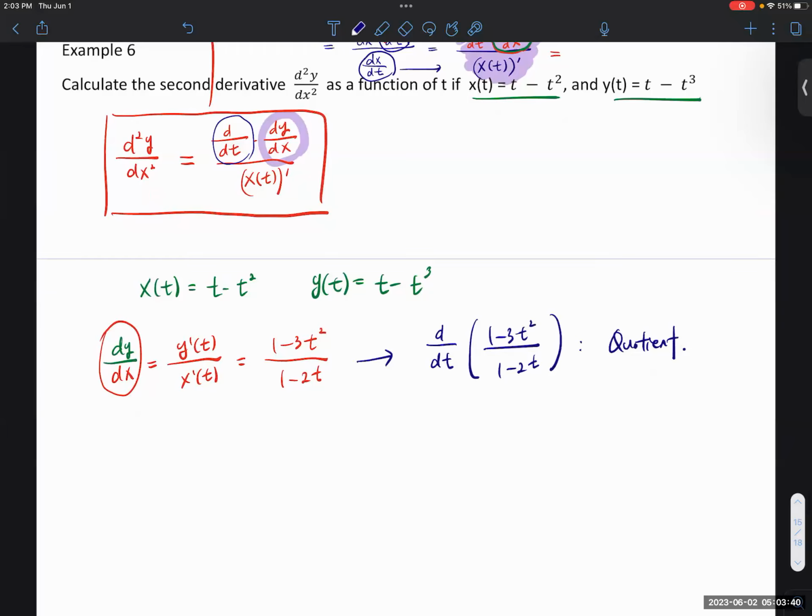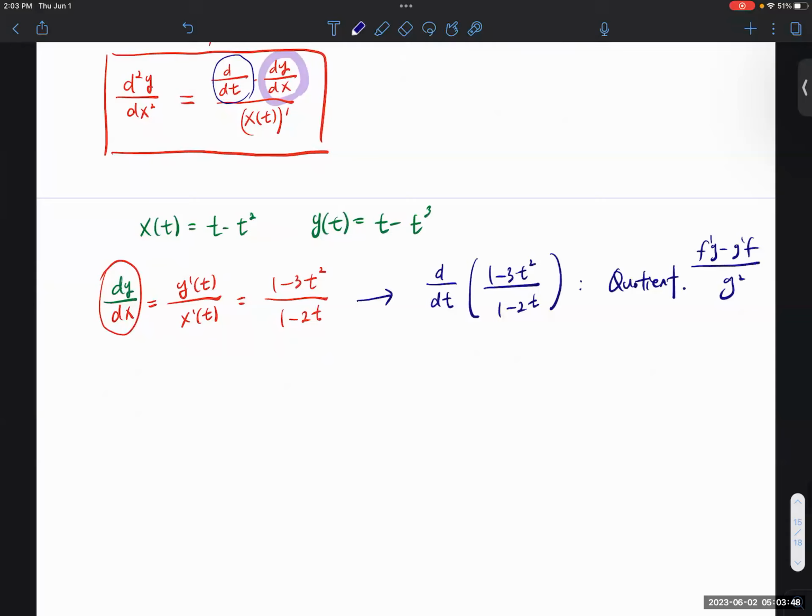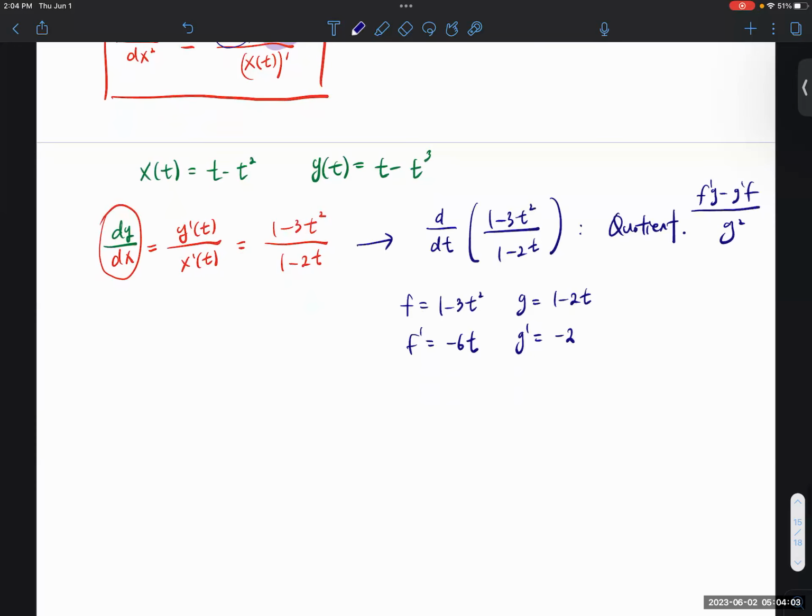So the top is f and the bottom is g. If you remember, the quotient rule is f prime g minus g prime f, over g squared. According to the quotient rule, f is 1 minus 3t squared, f prime is negative 6t, g is 1 minus 2t, g prime is negative 2. Therefore, we already got dy over dx.